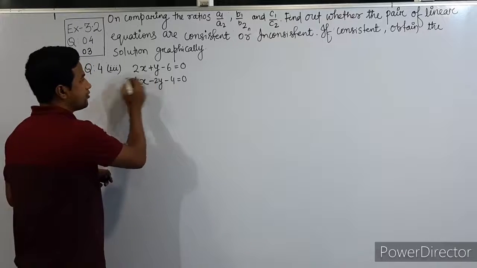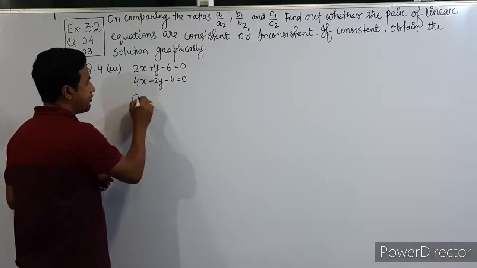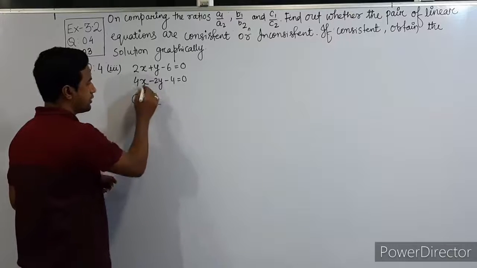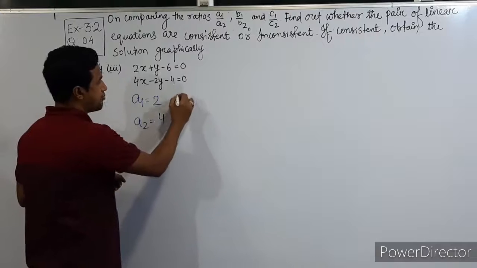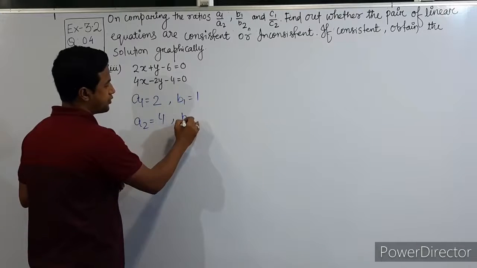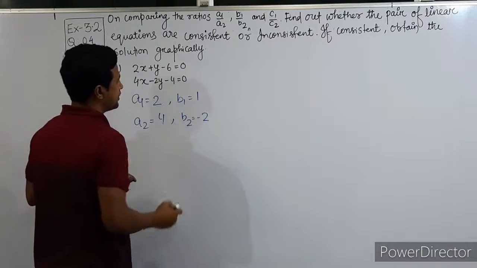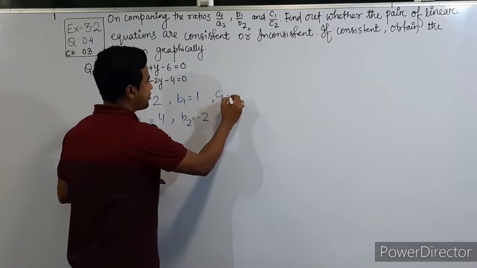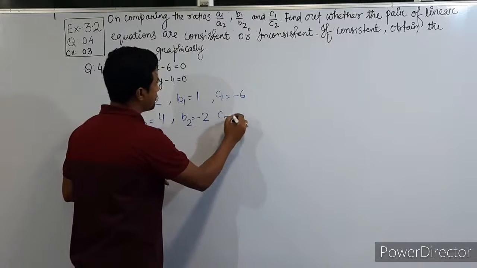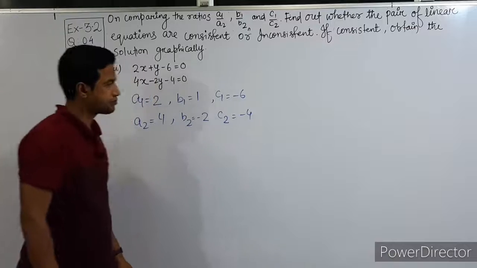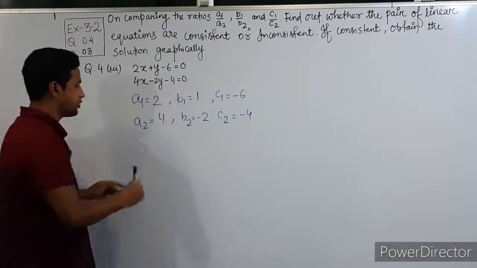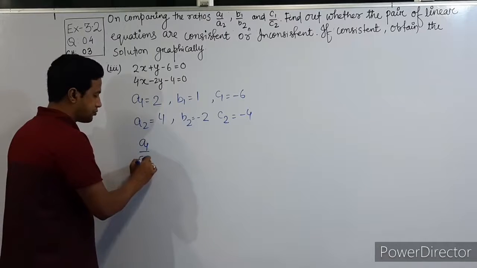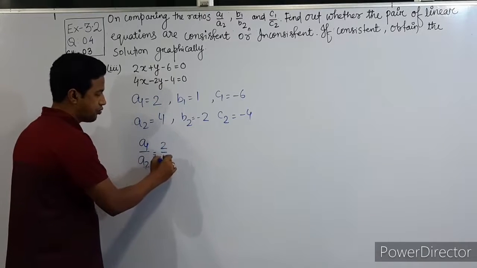Here the coefficient of x, a1, is 2, a2 is 4, next b1 is 1, b2 is -2, similarly c1 is -6 and c2 is -4. After that, find the ratios. a1 by a2, I got 2 upon 4.